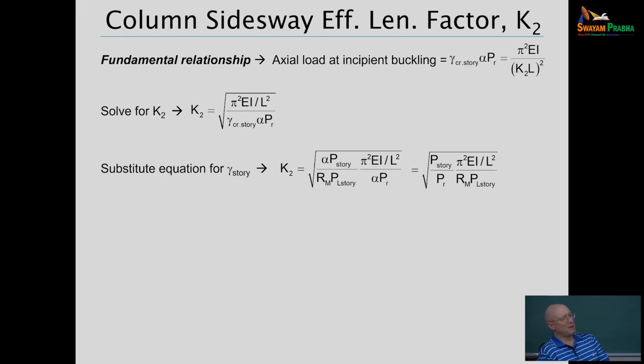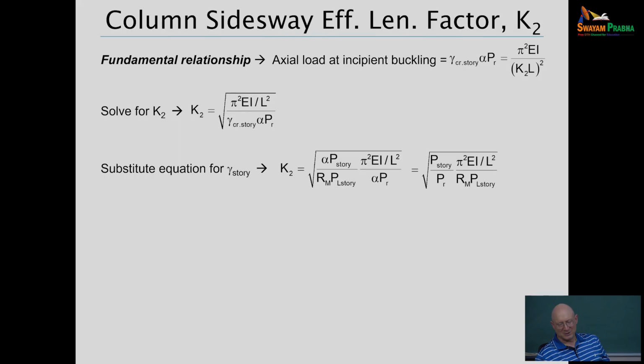The equations I've introduced to you are what I feel are the most useful for a design engineer. In design, I want to be thinking story stiffness and how much load I have. I can use different models to come up with my story stiffness. Given my story stiffness, now I'm coming down to an individual column. What's the column effective length factor?